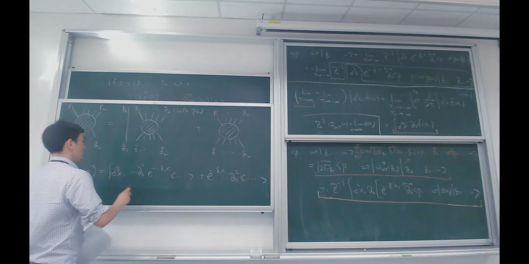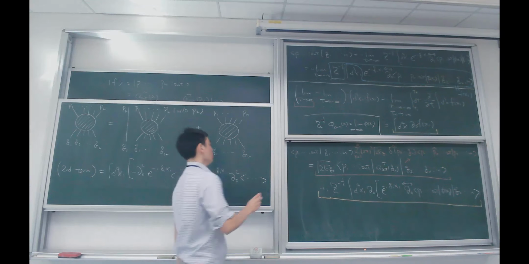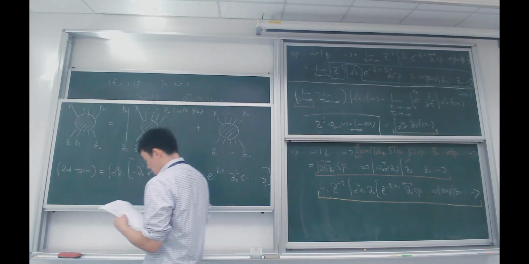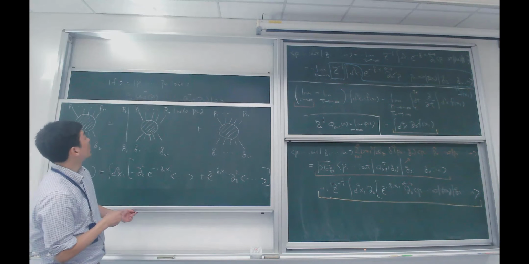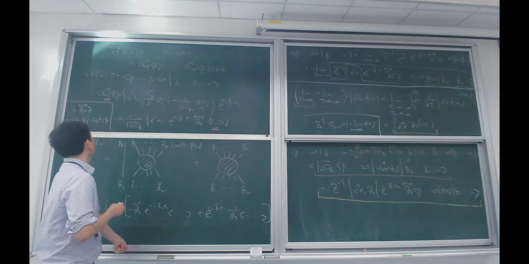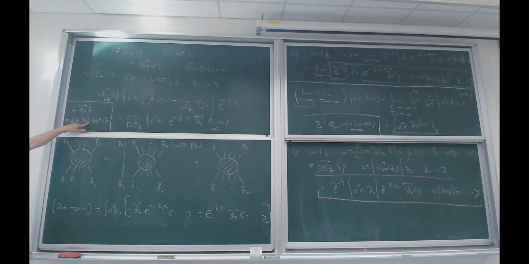So this is the derivative, and then of course the cross terms cancel each other because of the sign. So here is the relative minus sign.